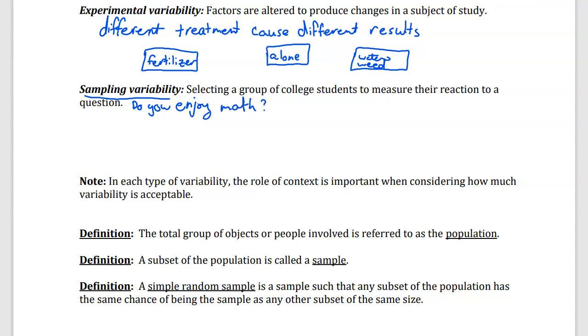Okay. If I go into, say, just 20 students randomly, then if it's random, I'm probably going to get a fairly good representation or a better representation of the population.